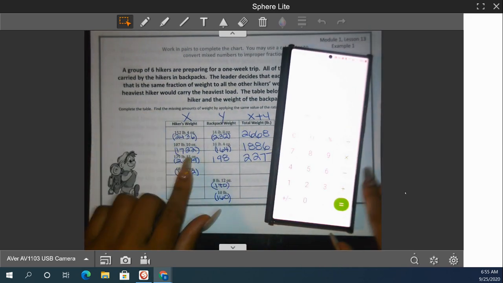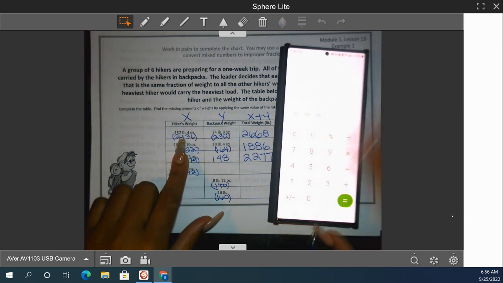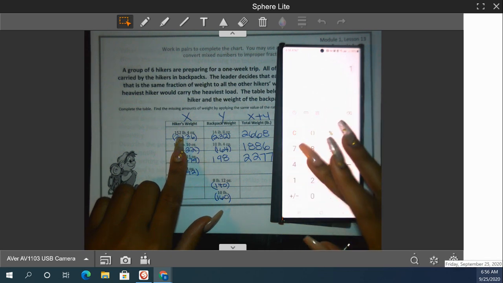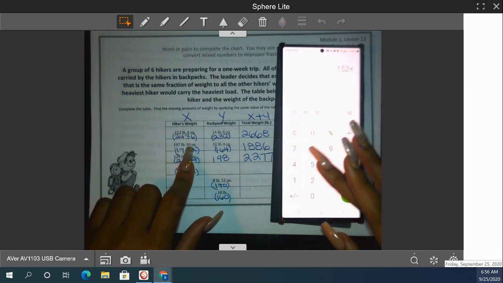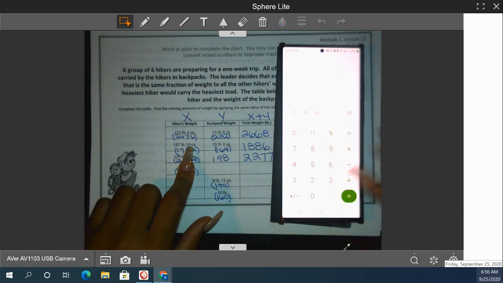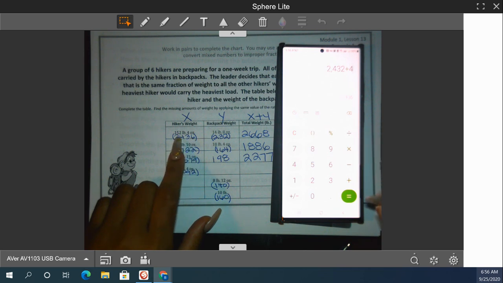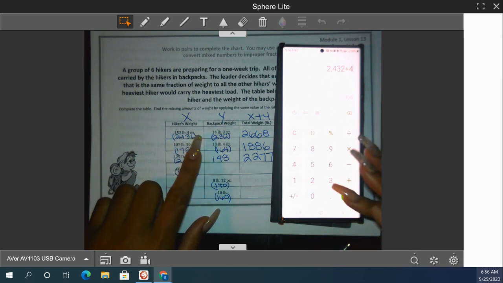All right, so I'm just going to do this one for example. So what you do is you take the number that's in pounds, you're going to multiply that number to 16, and then you add the number of ounces. So I multiplied 152 to 16, and I added 4.